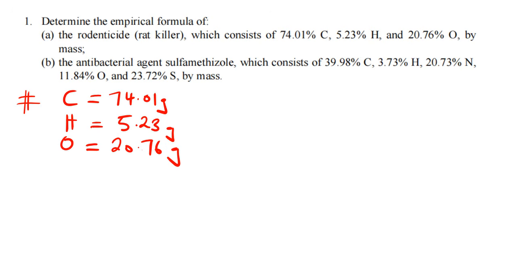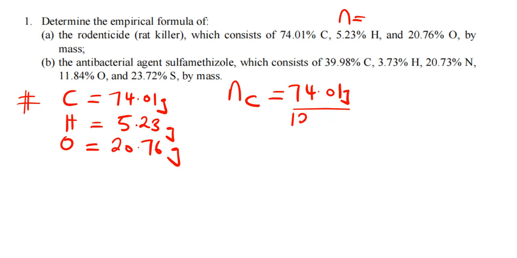Then we're supposed to convert these grams to moles. The number of moles is equal to mass over molar mass, so that is our formula. What is the molar mass for carbon?